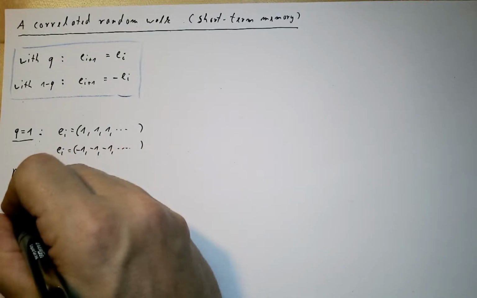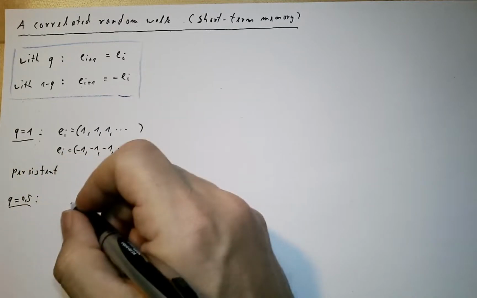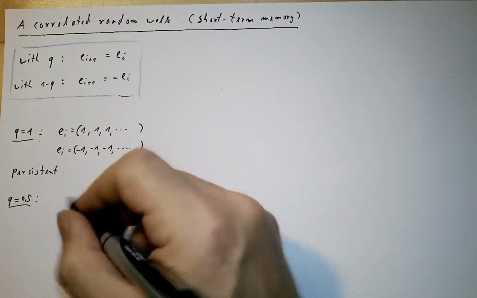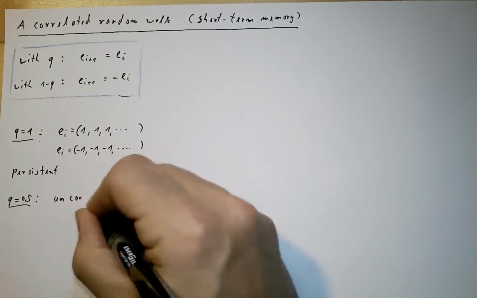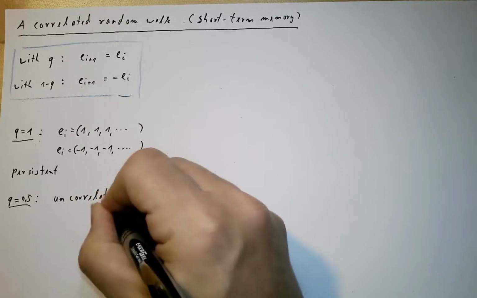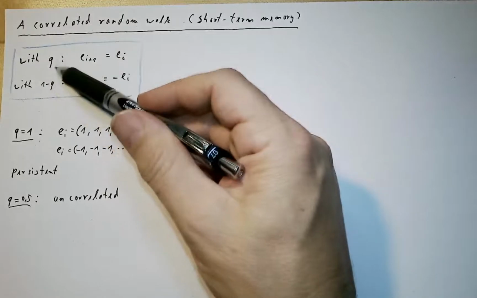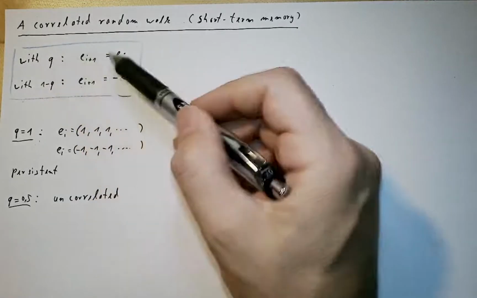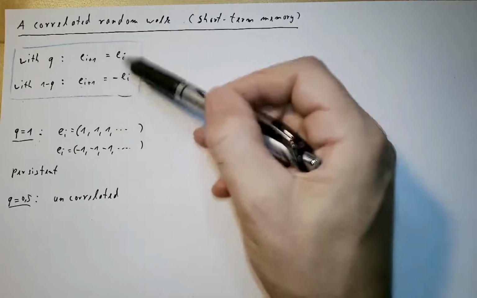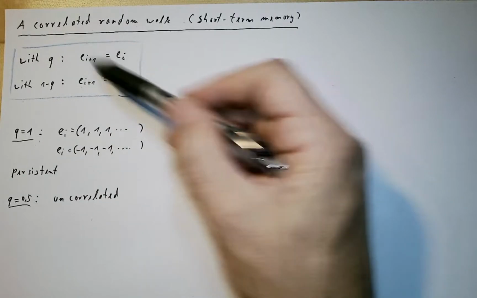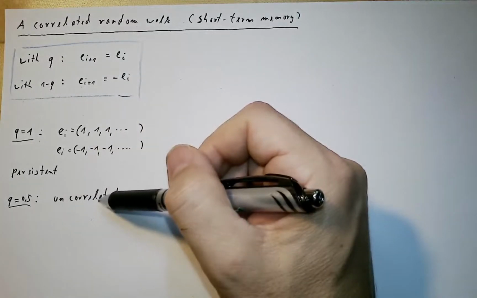Now if q gets even smaller, and if q is 0.5, then we have our typical uncorrelated random walk, because then it's just a throw of a coin. It's just with the same probability we go to plus or minus. Then it doesn't really depend on the previous step because the probabilities are 0.5. So this would be uncorrelated.